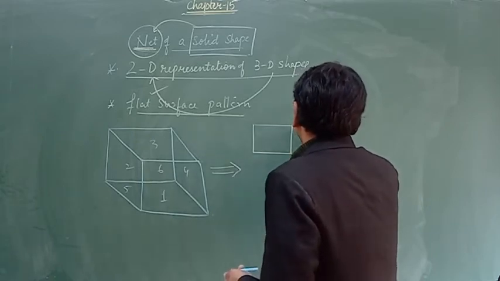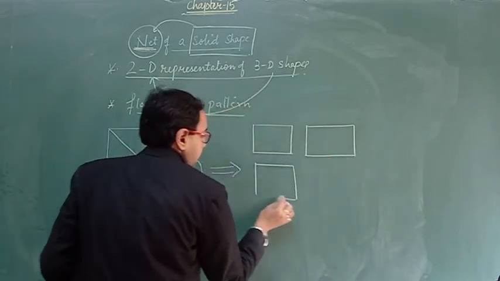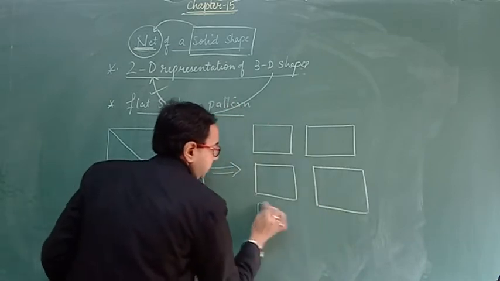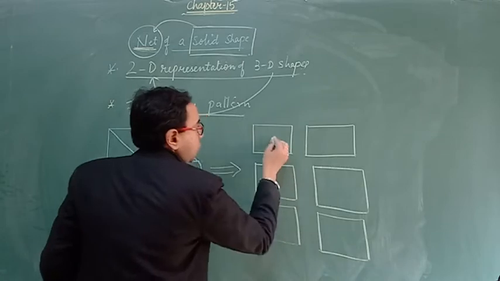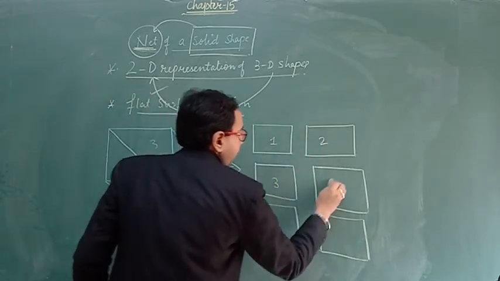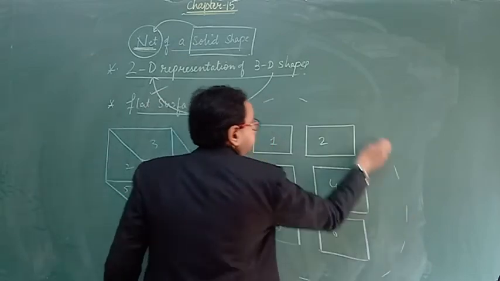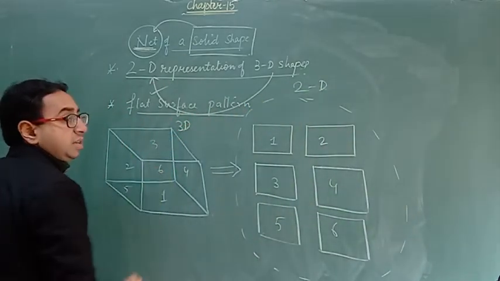1, 2, 3, 4, 5 and 6. So 1, 2, 3, 4, 5, 6. This is known as a 2D representation and this is known as a 3D representation.